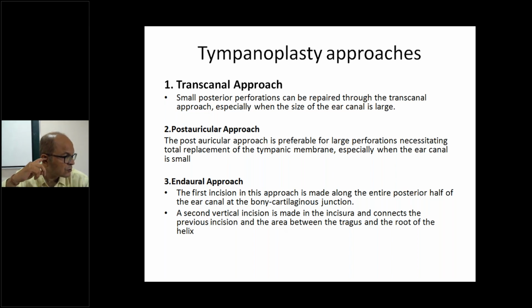So this incisura terminalis is the area which is devoid of cartilage. So you don't want to injure the cartilage, because cartilage is an avascular structure, and once it is injured, there is a chance of developing perichondritis.